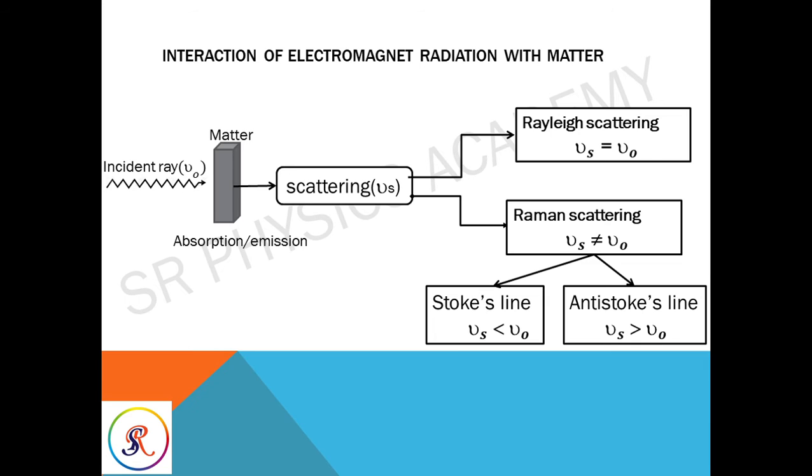Here, I take any matter, and here is the incident ray. When it interacts with the matter, it is either absorbed or emitted, as we discussed in the spectrum. But in some cases, some of the frequencies are scattered.